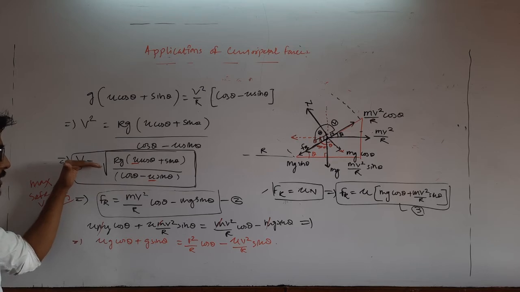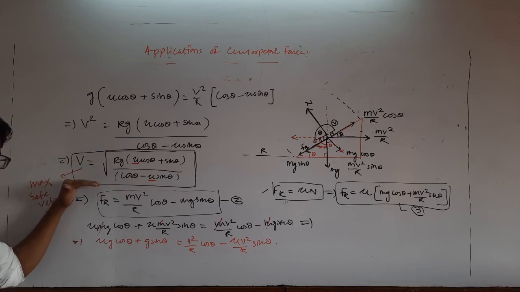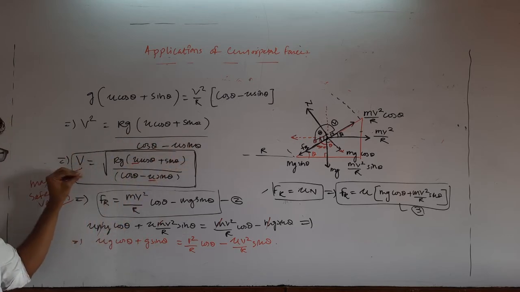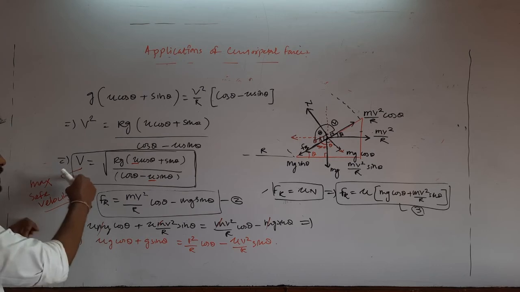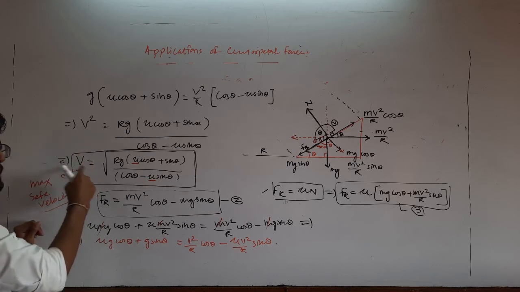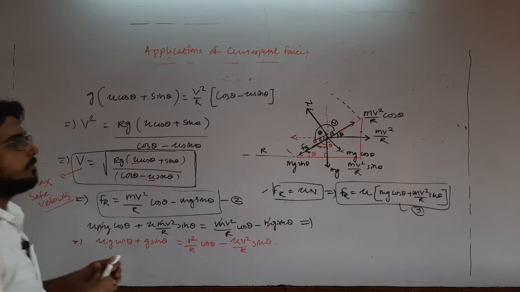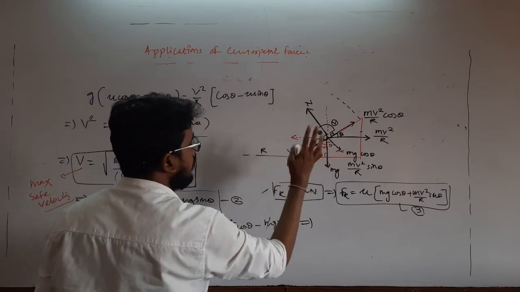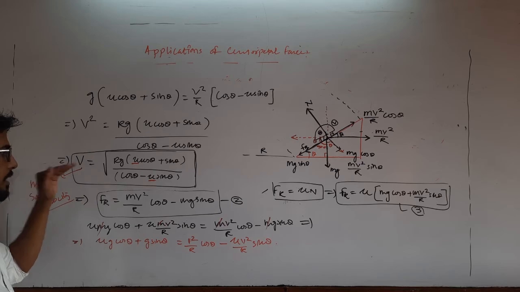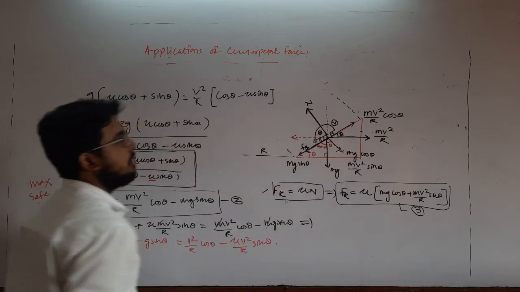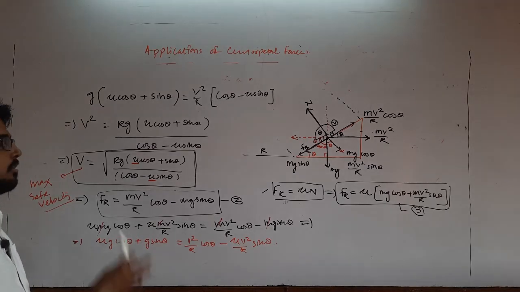If the velocity decreases below this, this is the maximum safe velocity when the friction acting on the body is static in nature. If the velocity increases beyond this, then the friction will become kinetic and the frictional force direction will be along this direction. But again, if the velocity decreases below this, then the friction will act in the opposite direction to that of the motion.